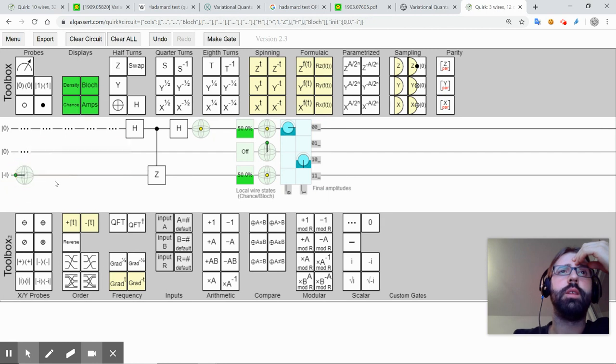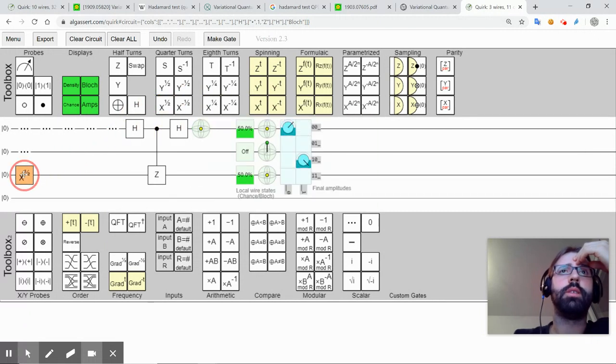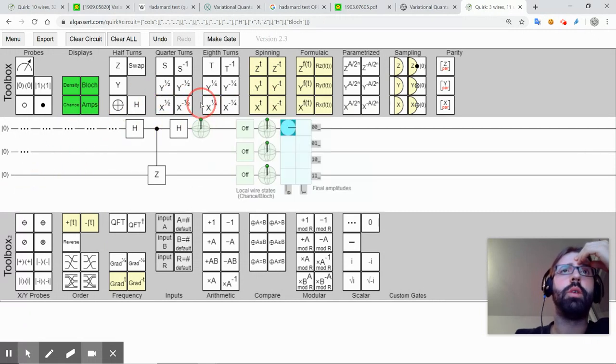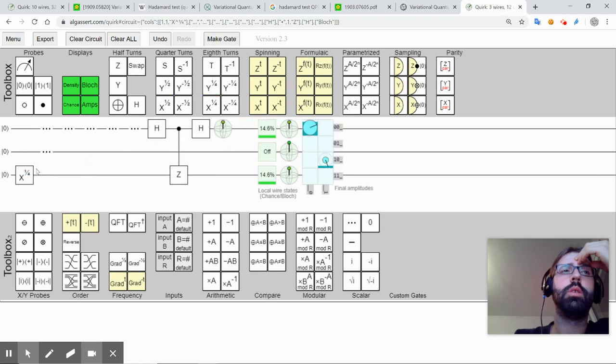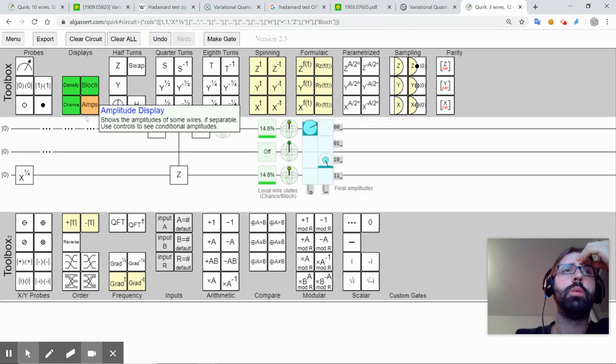Why is it that you're copying the probabilities? So if I do an X quarter, if I do an X quarter, right? So what's happening here?